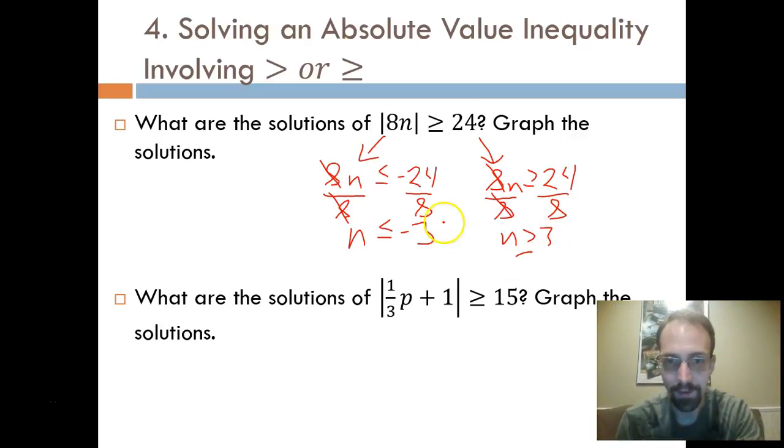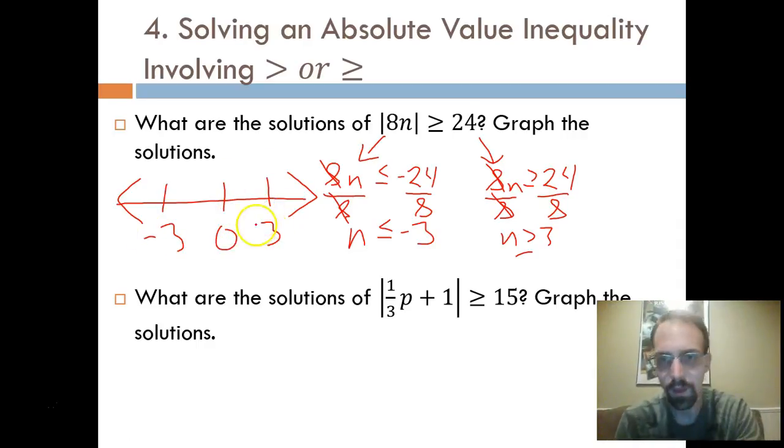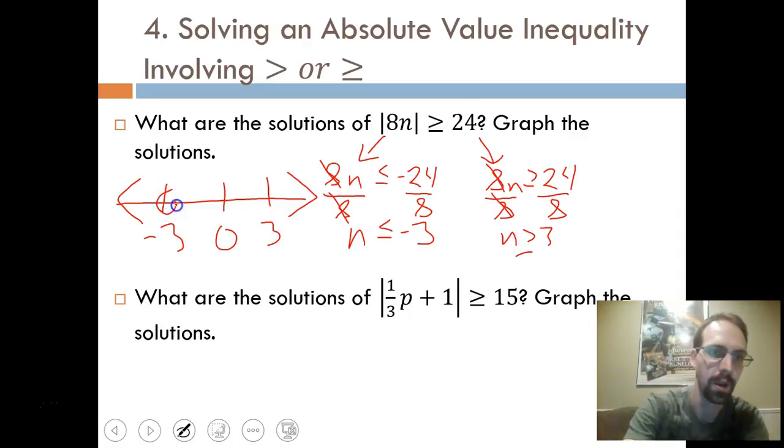So if I graph these solutions, let's think about what would happen on the number line. My numbers of importance are negative 3, 0, and 3. Are these going to be open or closed? You totally said closed. I heard you. Way to go. So I have closed there and closed there.